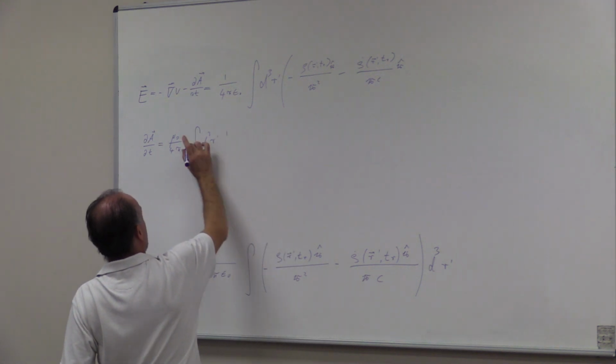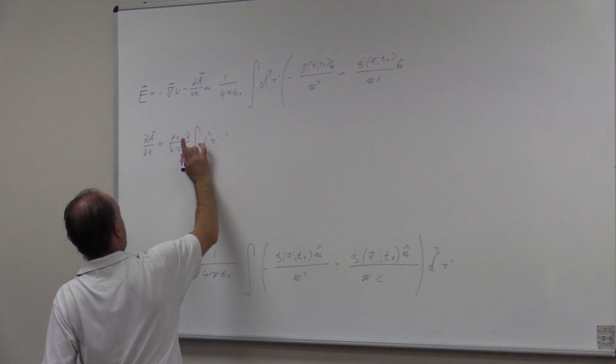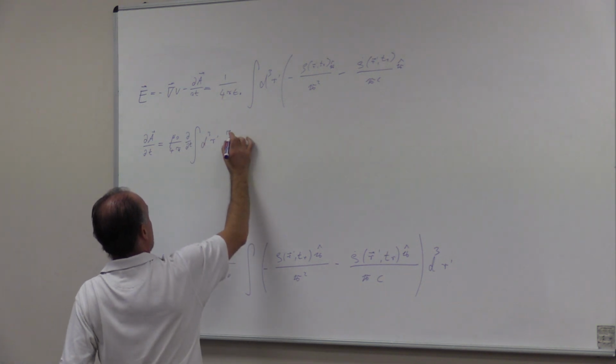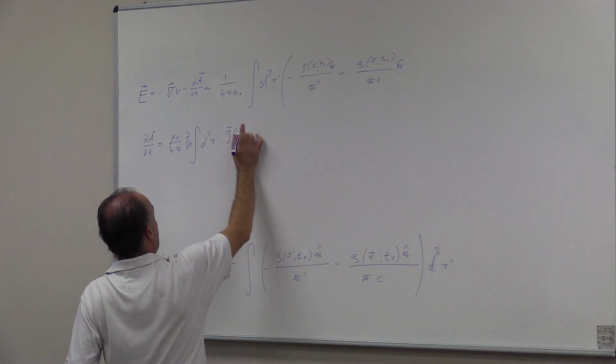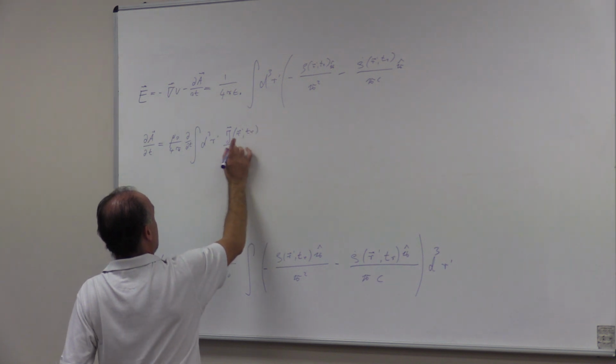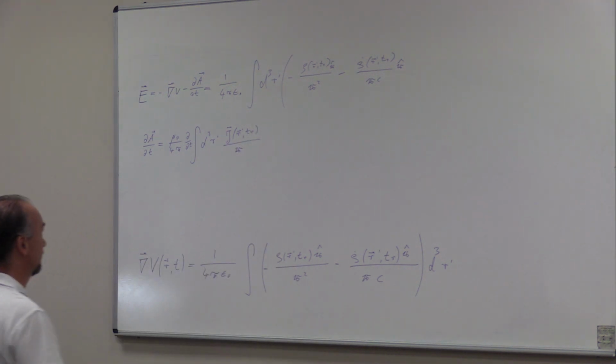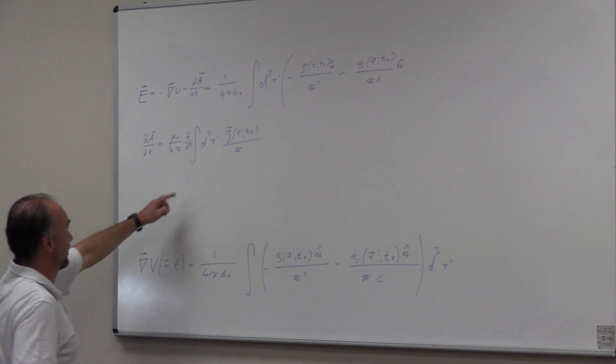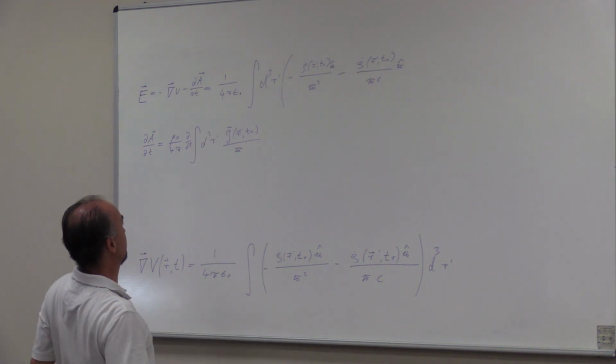Well, if we want to take the derivative of that, j of r prime, t_r, over r, so the time derivative simply gives us a j dot here.